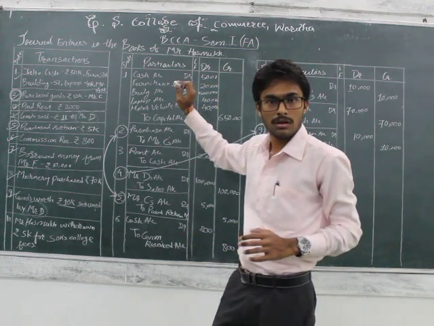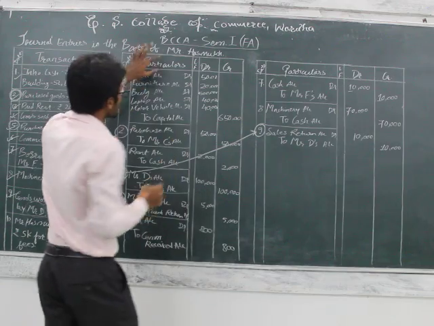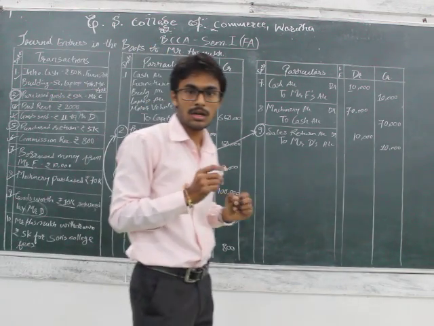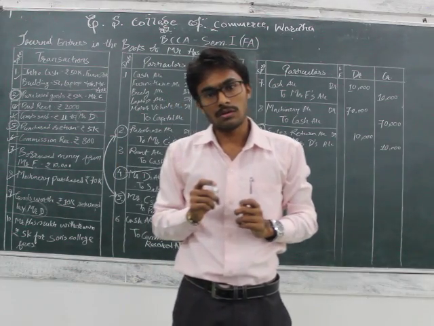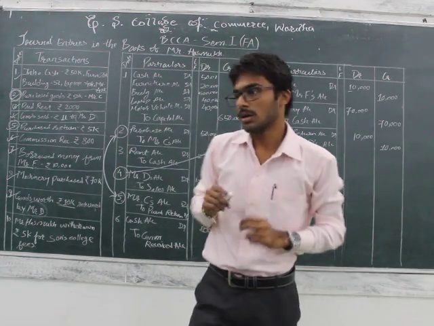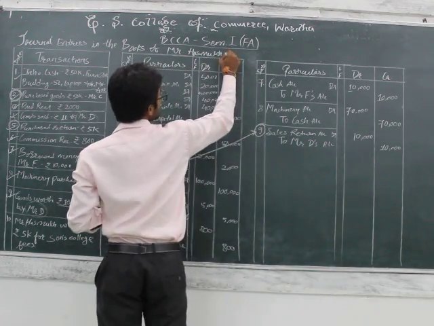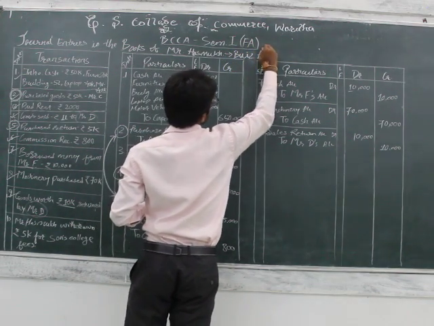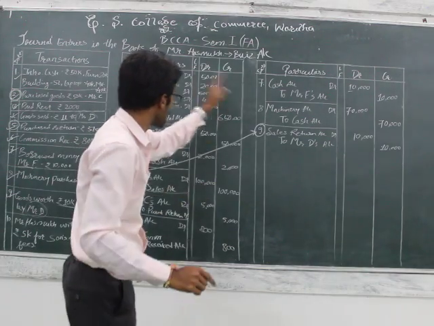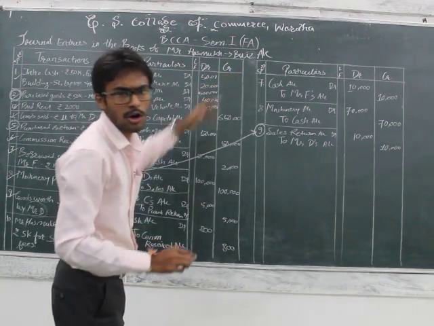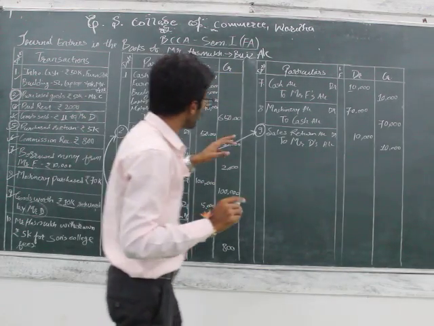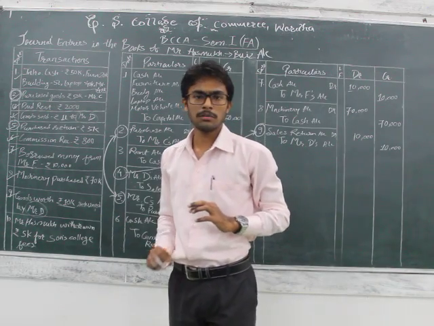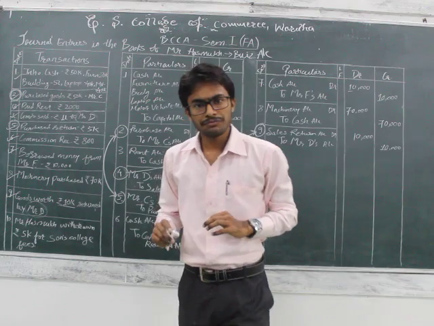This is in the books of Mr. Hasmukh's business account and not in his personal account. Mr. Hasmukh's business means this is a business account and not a personal account. These expenses all relate to the business, not to Hasmukh. So we cannot consider here the personal transaction of Mr. Hasmukh.